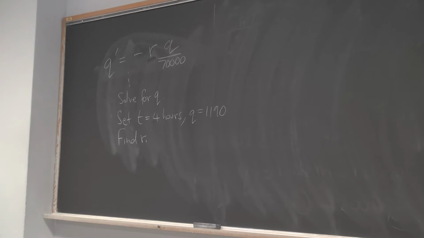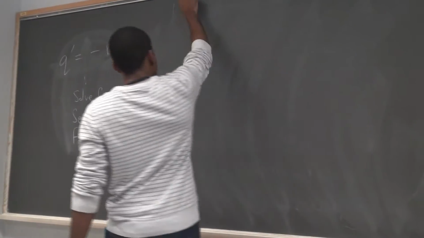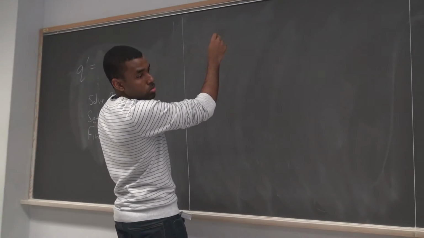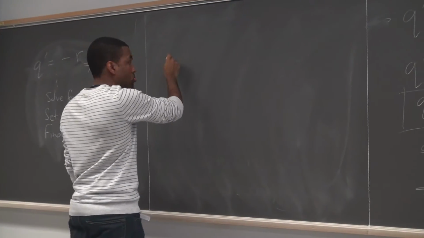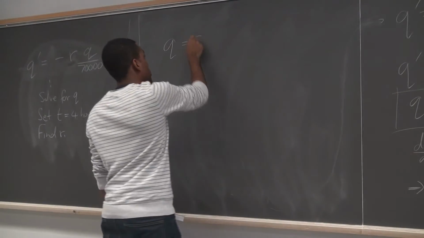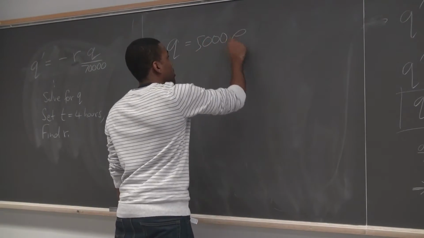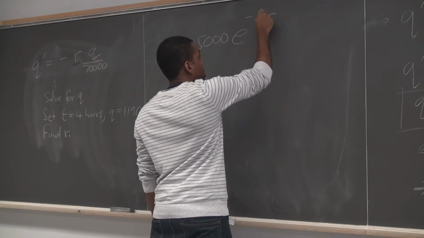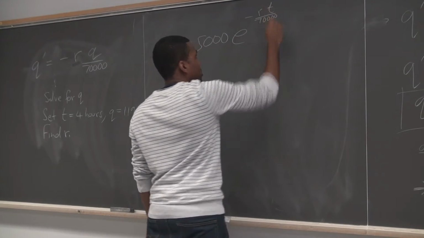So in the end, the equation would look something like Q equals 5,000 e to the minus R over 70,000 t.